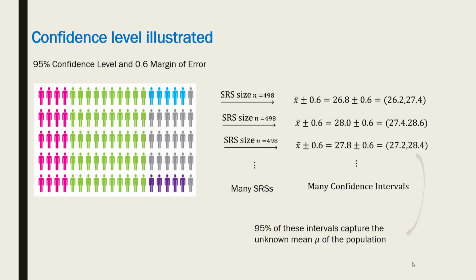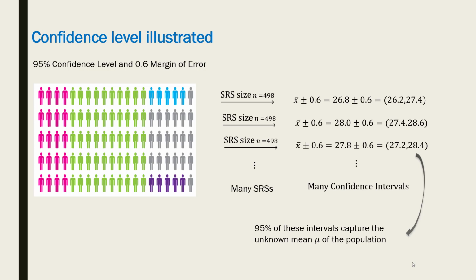So then 95% confidence level means 95% of these intervals capture the unknown mean of the population. Think this way. If you had 100 samples, then 95 intervals out of 100 capture the unknown mean.